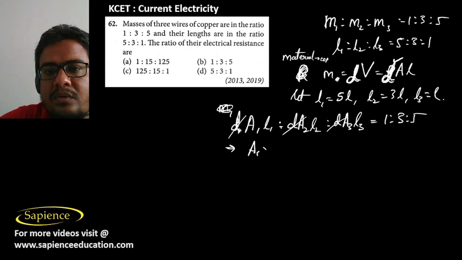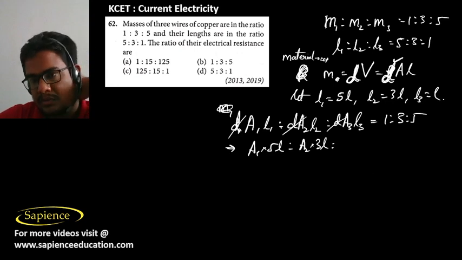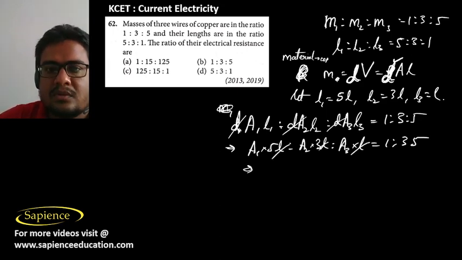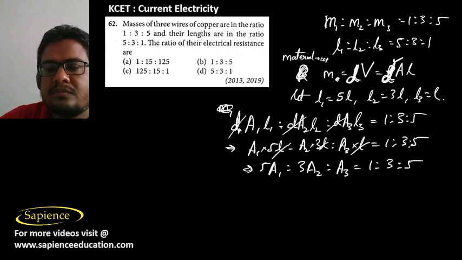So A1 into L1, that is 5L, is to A2 into 3L is to A3 into L, that is equal to 1:3:5. Therefore L cancels out, so 5A1 is to 3A2 is to A3, that is equal to 1:3:5.